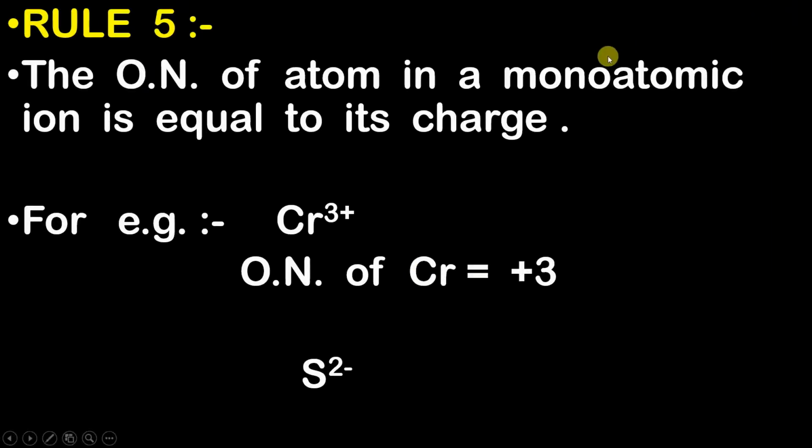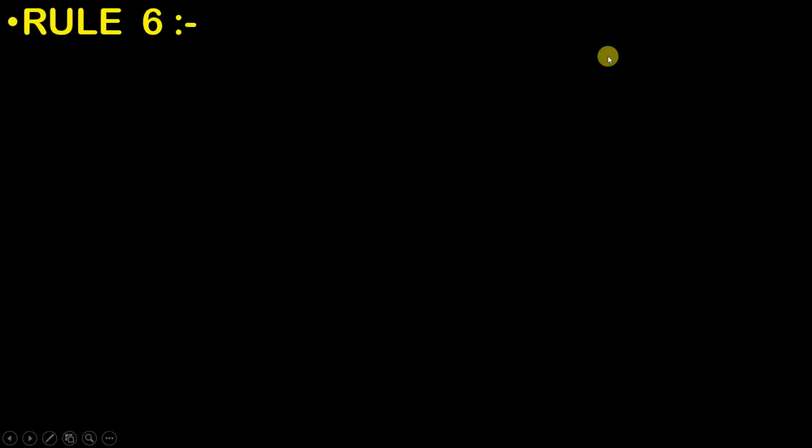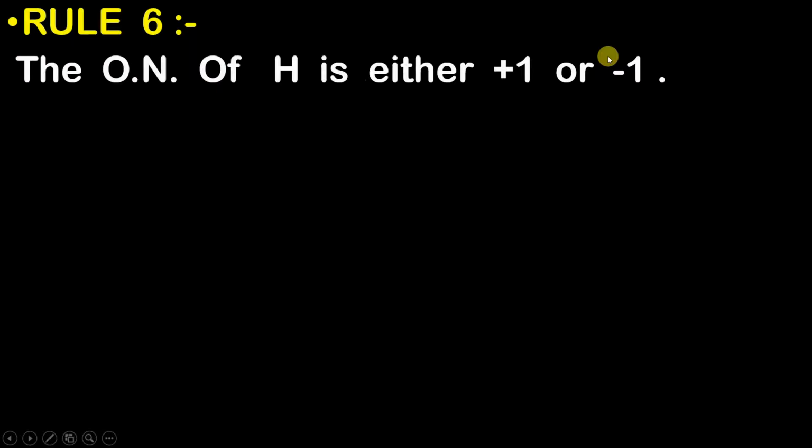Now, moving on with rule number 6. The oxidation number of hydrogen is either plus 1 or minus 1. As we all know, hydrogen has only one electron. So the oxidation number of hydrogen is either going to be plus 1 or minus 1.